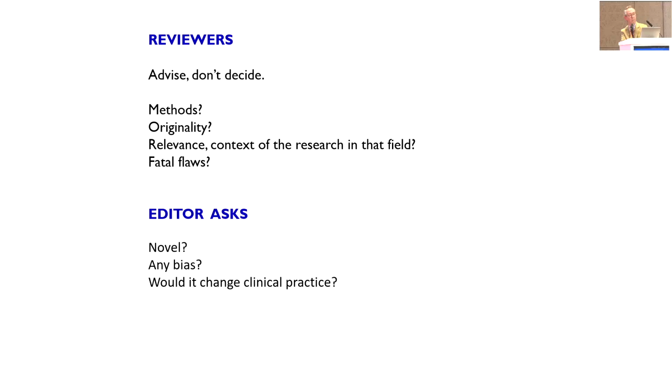I need to know, is there bias, or is there a significant risk of bias? And most importantly, what I want to know from reviewers and from section editors is, will this change clinical practice? Because those are the papers that every journal editor wants to attract and wants to publish.